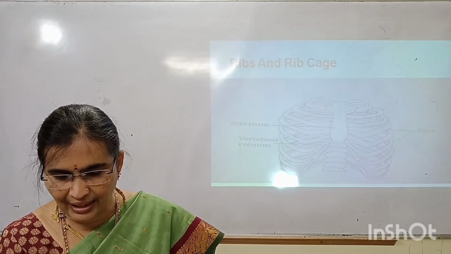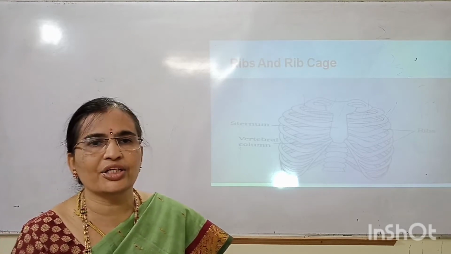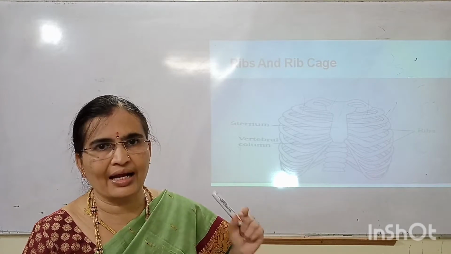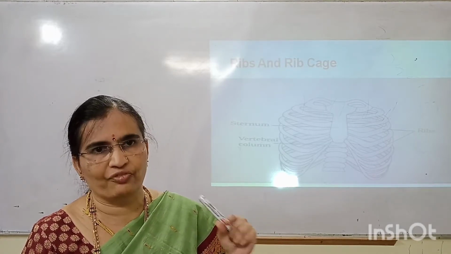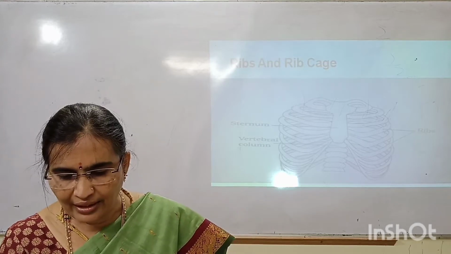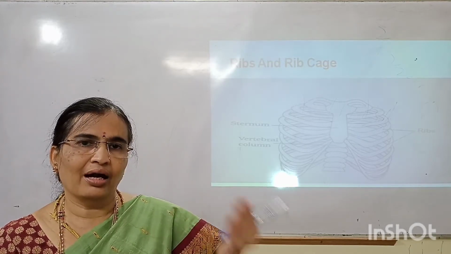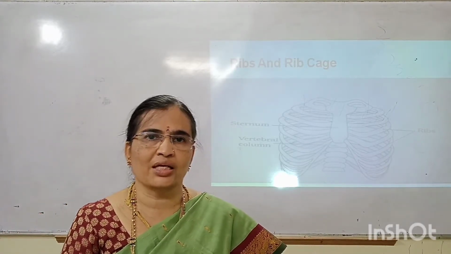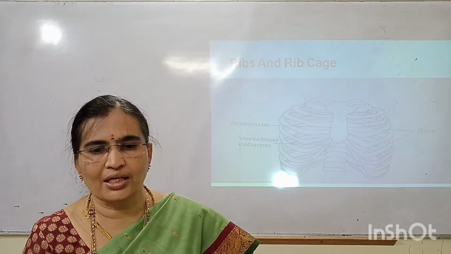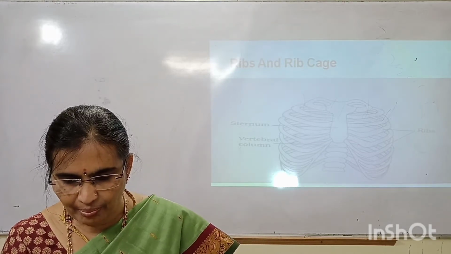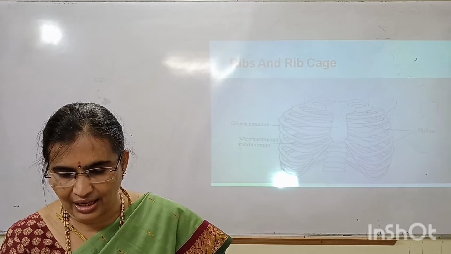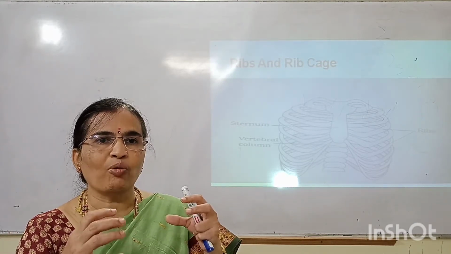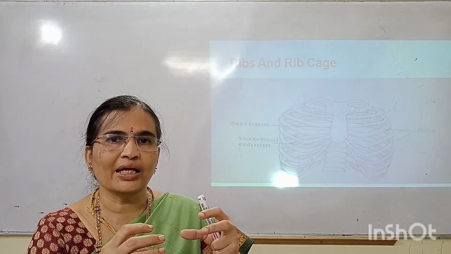This hyaline cartilage is glass-like rigid cartilage which helps in attachment of ribs. Then they are attached to the vertebral column dorsally, and here the vertebrae are called bicephalic because they provide attachment for the ribs.